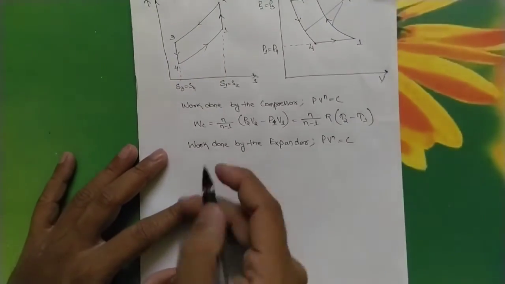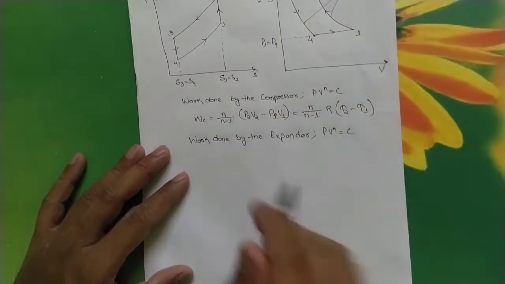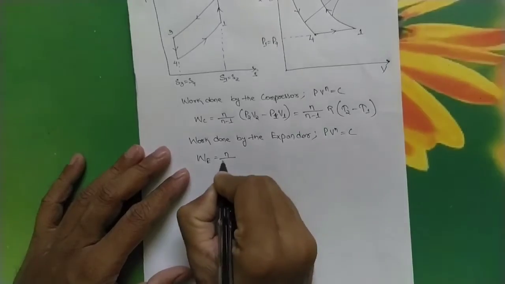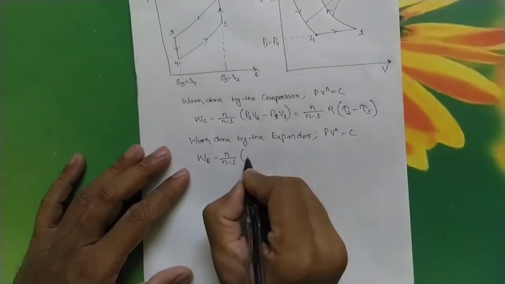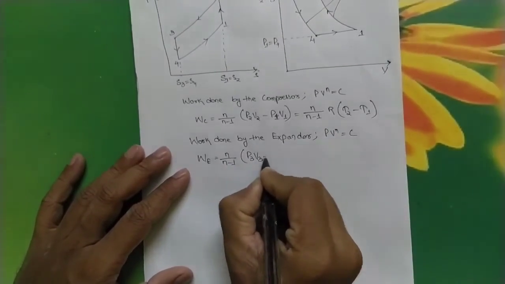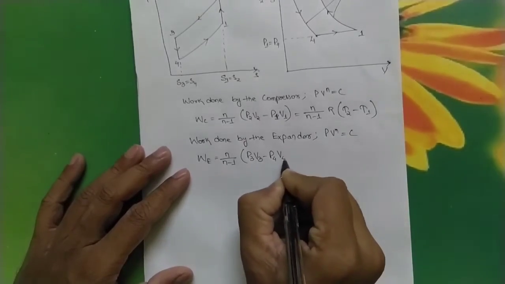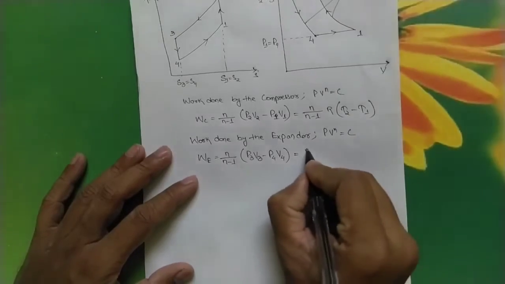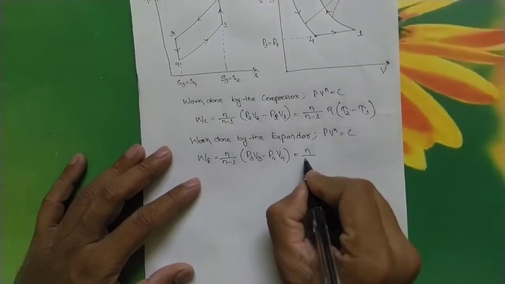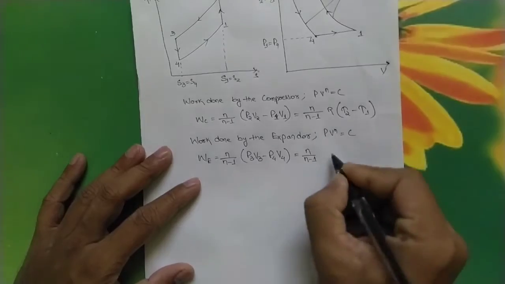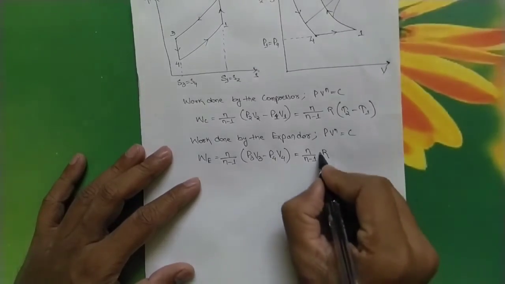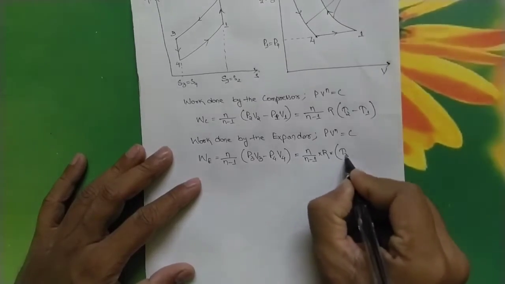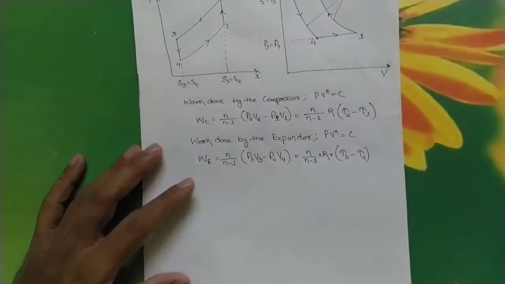So it will be equal to n by n minus 1 into (P3V3 minus P4V4). Replacing with R and T, and taking R as common, we will get n by n minus 1 into R into (T3 minus T4).